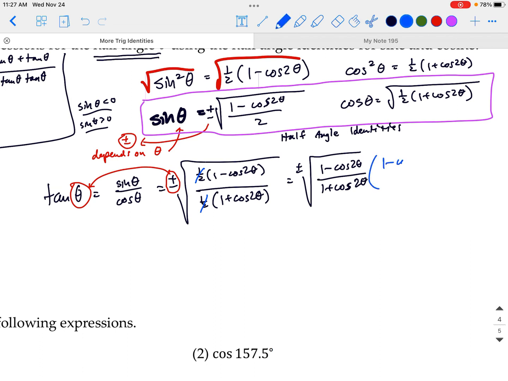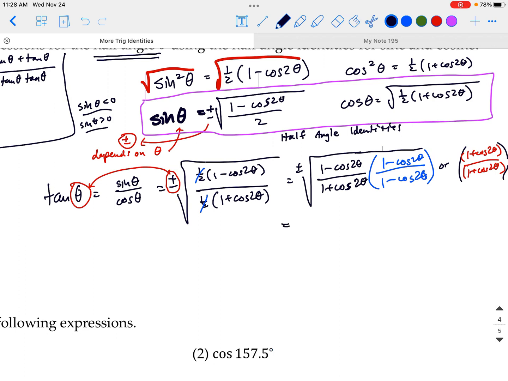So we could choose to multiply by 1 minus cosine 2 theta over 1 minus cosine 2 theta inside of our radical. Or we can multiply by 1 plus cosine 2 theta over 1 plus cosine 2 theta. So depending on which one you choose, you're going to end up with 2 different answers.